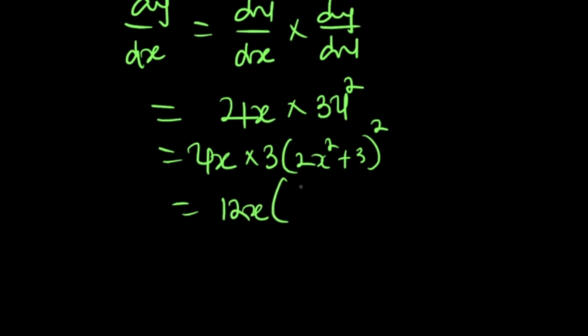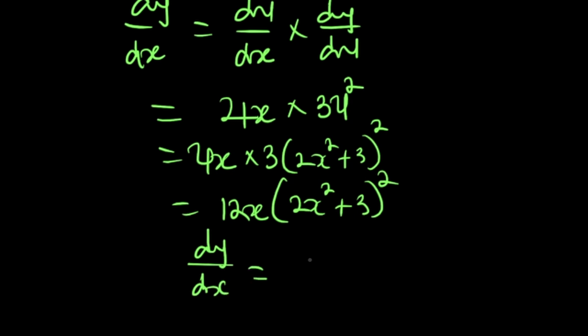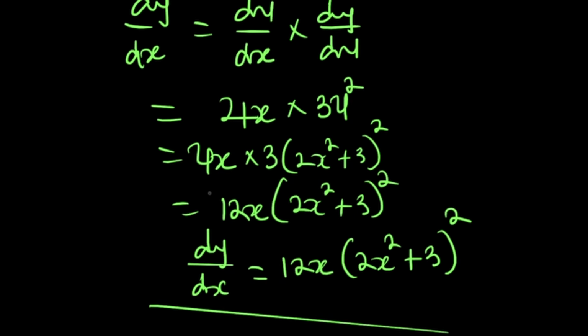And then inside the bracket, you have 2x squared plus 3 raised to the power 2. Therefore, our dy over dx is equal to 12x multiplied by 2x squared plus 3 raised to the power 2. And here is our solution.